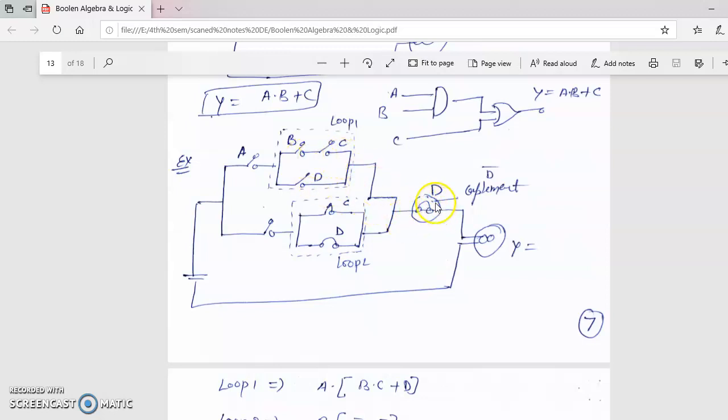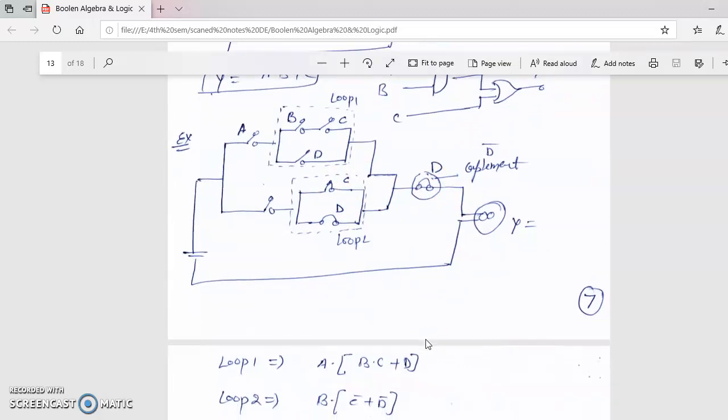So this is connected. This symbol represents the complement, that is, it is D bar. This is D bar. This is C bar. But this is B, this is C, this is D and this is A. This is very important, students. When the symbol is like this, this is complement form.